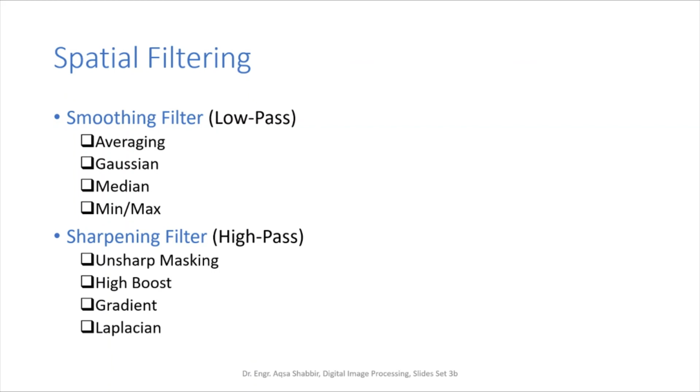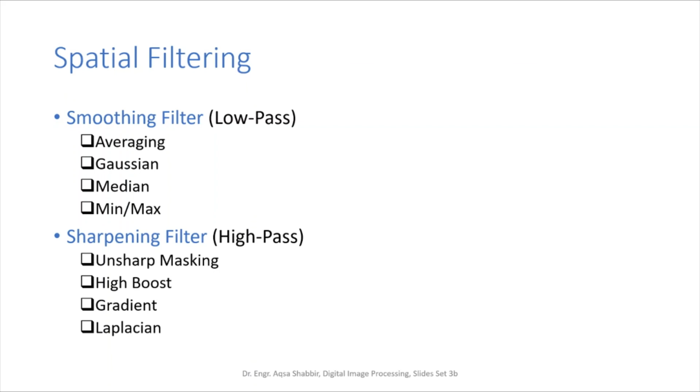If I look at smoothing filters in further detail, averaging and Gaussian smoothing filters are examples of linear smoothing filters, whereas median, min, and maximum smoothing filters are examples of non-linear smoothing filters.